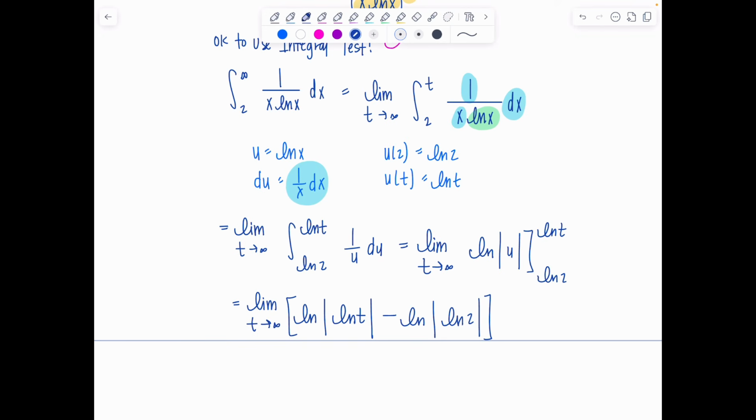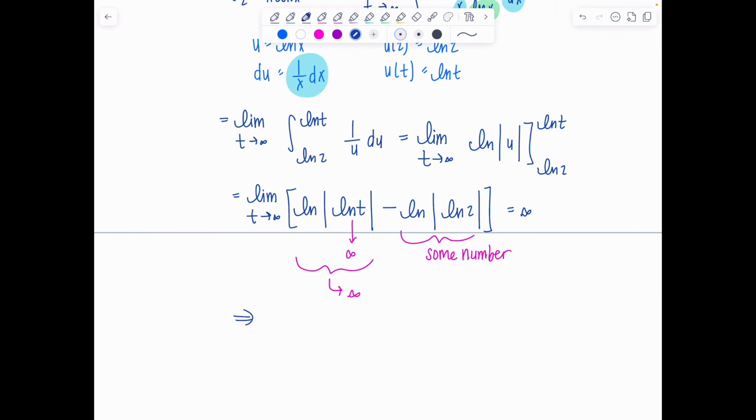Good, good. And then as t approaches infinity, ln of t is approaching infinity. So this whole first term is approaching infinity. This is just some number. I don't care what it is. Infinity minus some number, this limit's going to still approach infinity, which means the integral diverges.